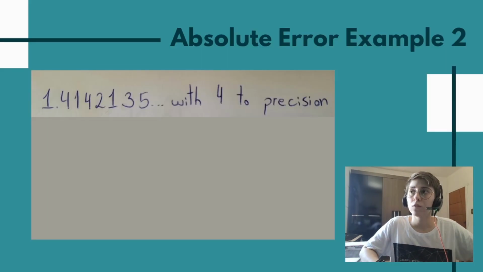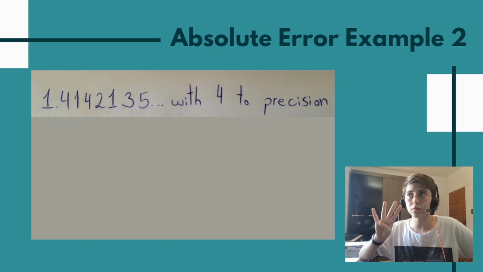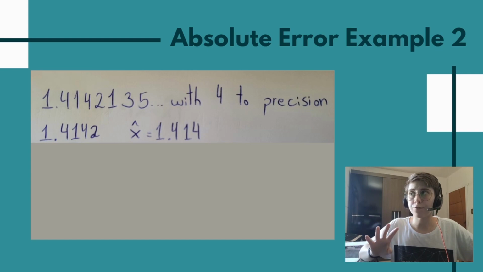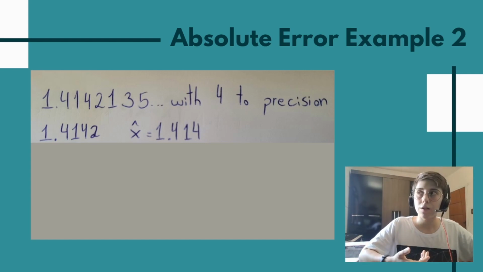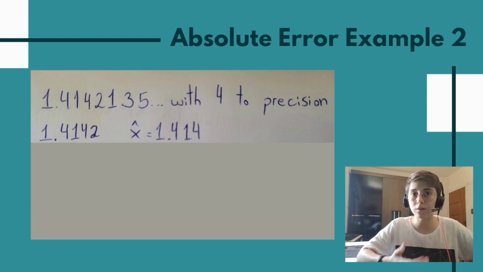So in the second example, I have the number pi, 3.141592653 and so on, with 4 decimal precision, so we will consider just the 4 significant digits. So I have 3.1416, and like the number after the 4 is smaller than 5, we will round down, not up.